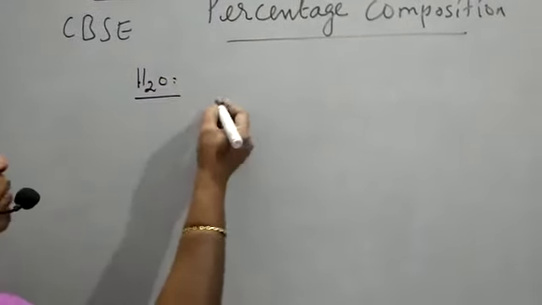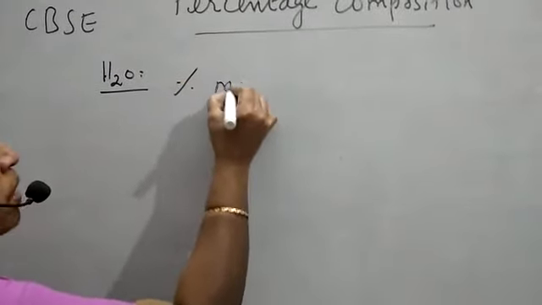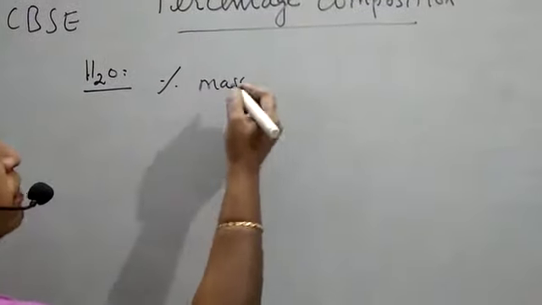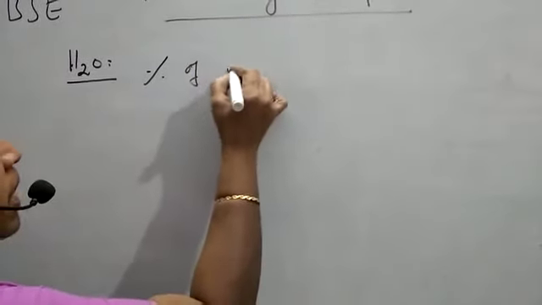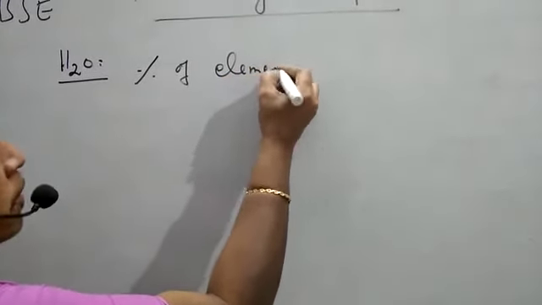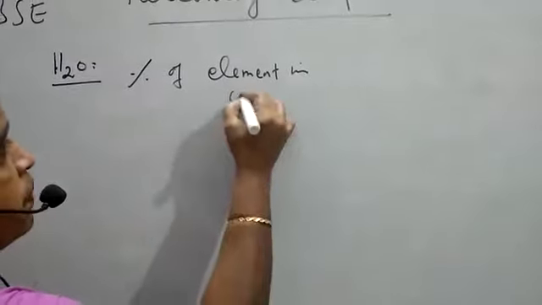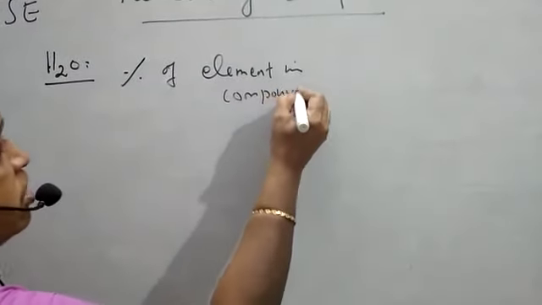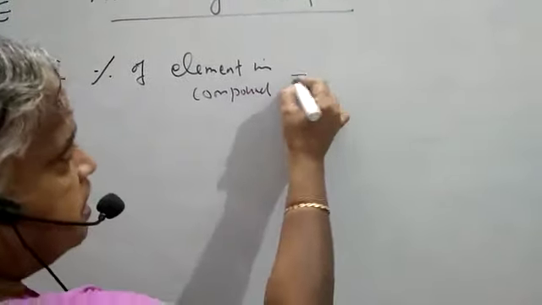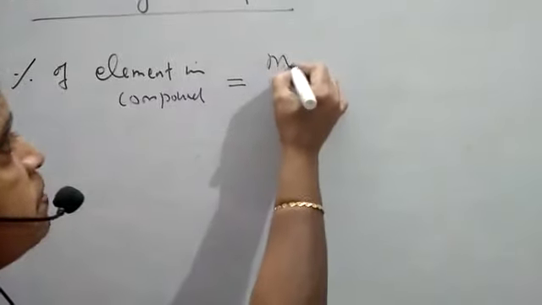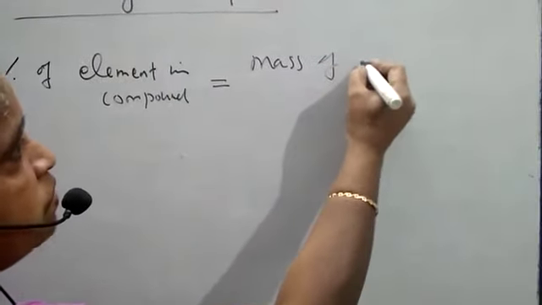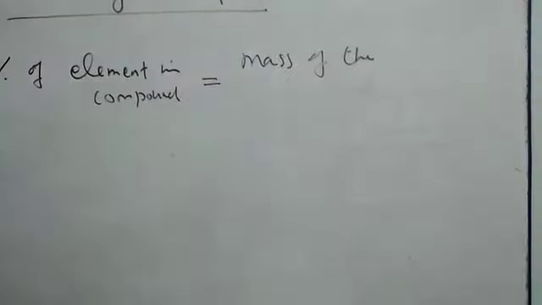What is the formula? The percentage mass composition, or percentage of the element in the compound, is equal to the mass of the particular element.